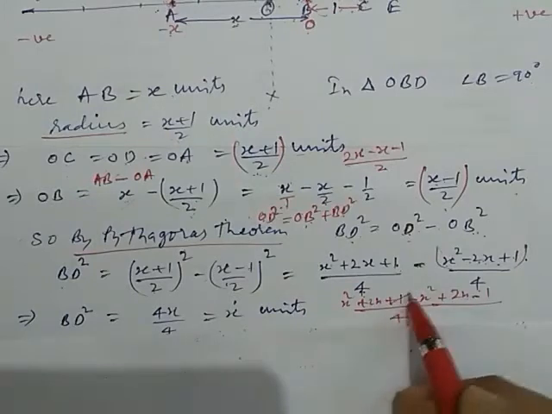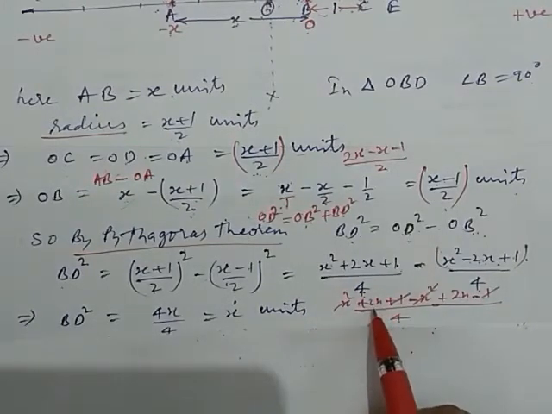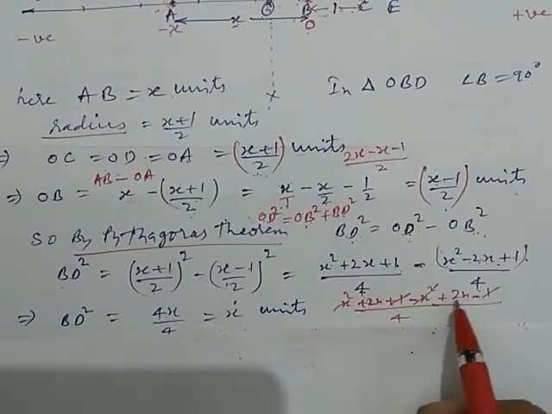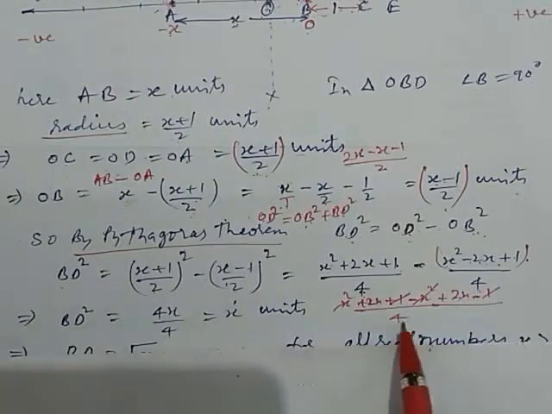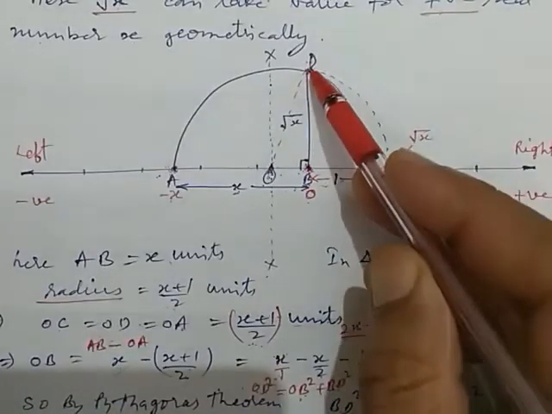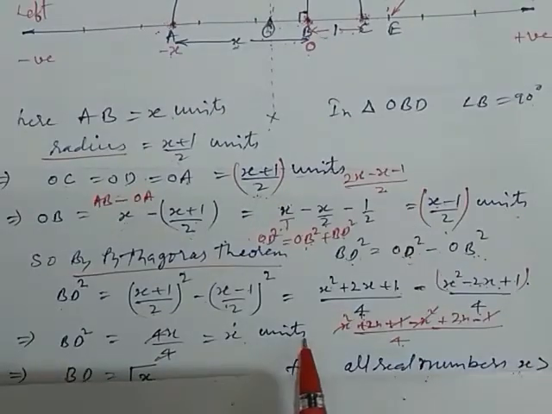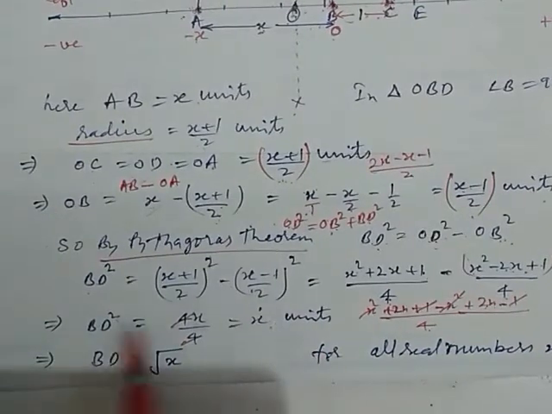Okay, this cancels out, this also cancels out, we get 2x plus 2x, 4x by 4. So BD square is 4x by 4. Now 4 cancels out by 4, so we get x. So this BD square is x unit.